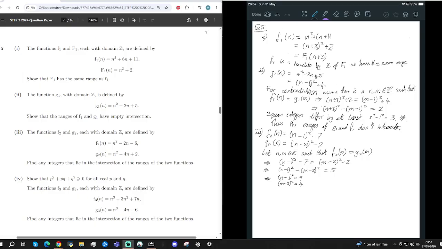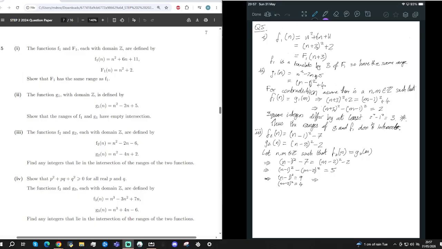Now, can we get non-consecutive squares that have a difference of 5? No, because the smallest square is 1, which would mean 6 has to be a square number. That's not going to work. And as the square numbers get bigger and bigger, they get more and more separated. So we certainly can't go past 4 and 9.